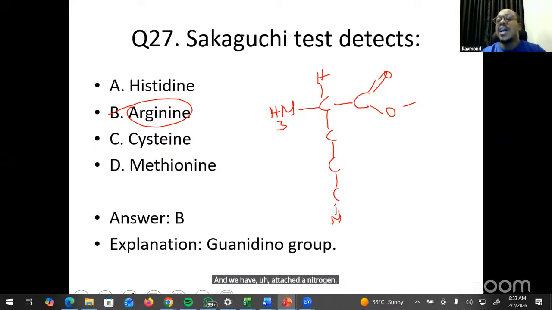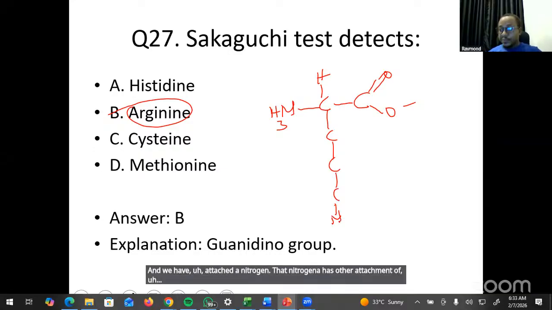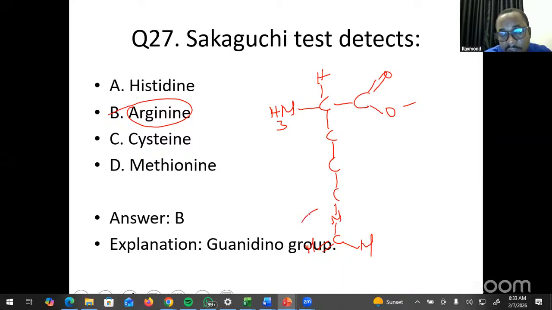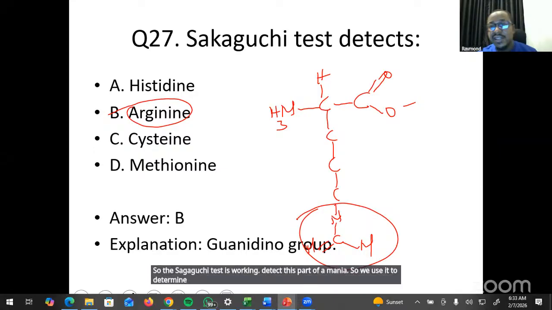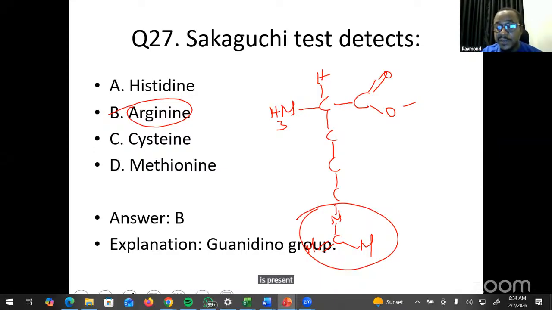That nitrogen has another attachment of a carbon with an amino group. This part is called the guanidino group. The Sakaguchi test detects this part, so we use it to determine if arginine is present in a protein.